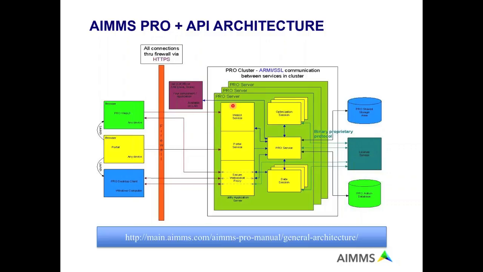We're going to use another program that directly accesses the backend of AIMMS Pro and starts an optimization session, so that we also have access to the solvers, run the application and give back results to the application that started the job. If you want to know more about this architecture, you can find it on the internet following this link.